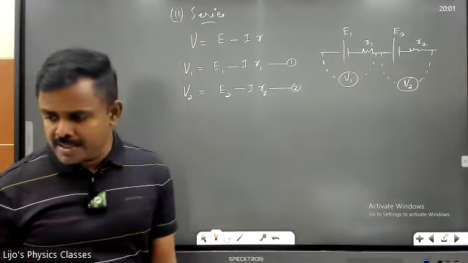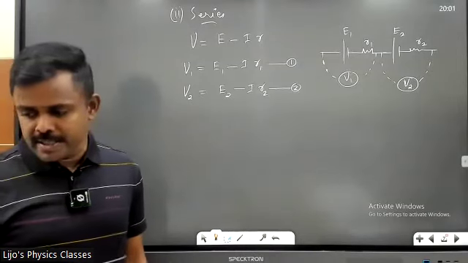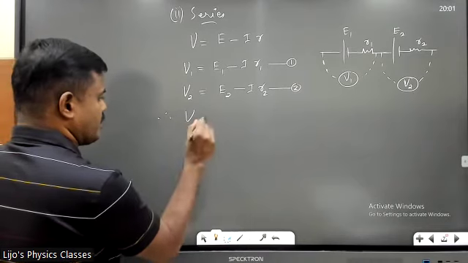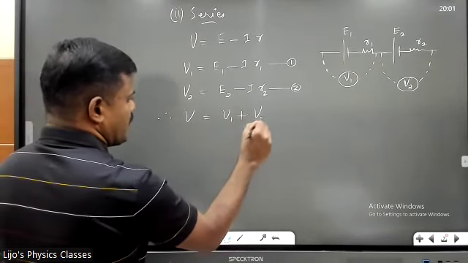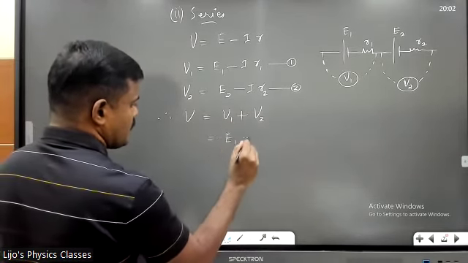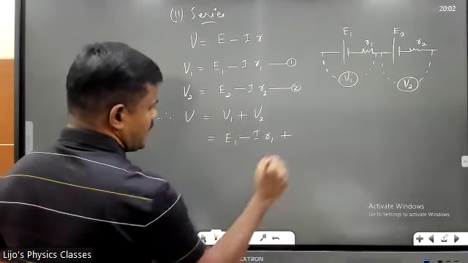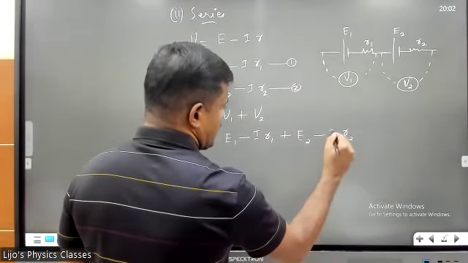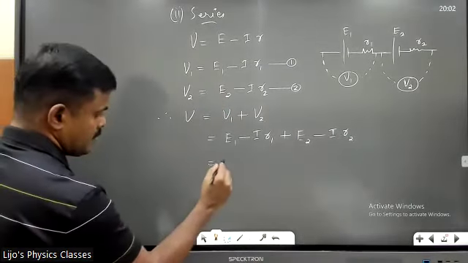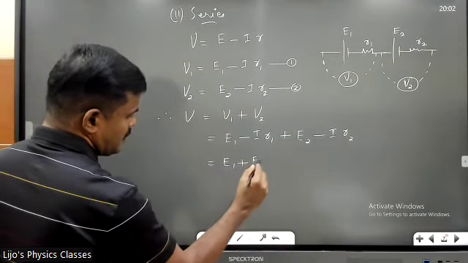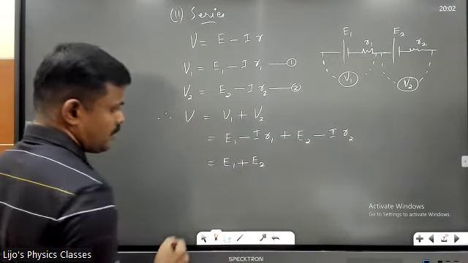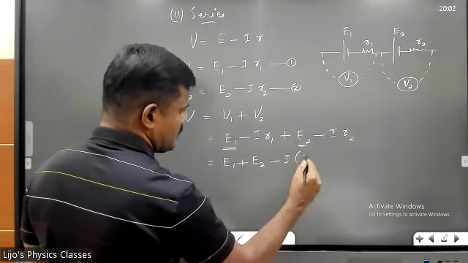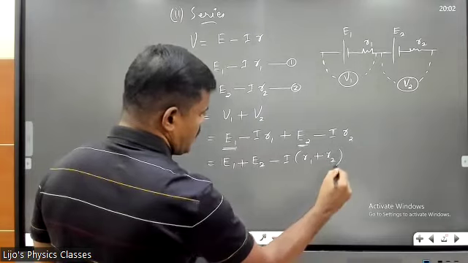V1 is E1 minus IR1, V2 is E2 minus IR2. You're going to take them together. Therefore, the total voltage V is equal to V1 plus V2. That is E1 minus IR1 plus E2 minus IR2. So, E1 plus E2, taking these together, minus I into R1 plus R2.